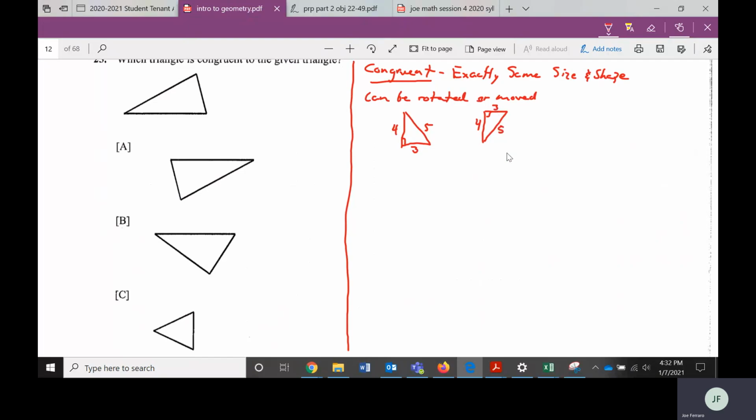So all the sides are the same size. If it was a good drawing, I just had rotated it around, moved this right angle up here.